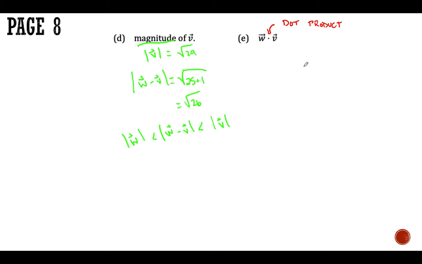It's a formula, but the dot product is not a vector. The dot product is a number, and that number describes how parallel these two vectors are.